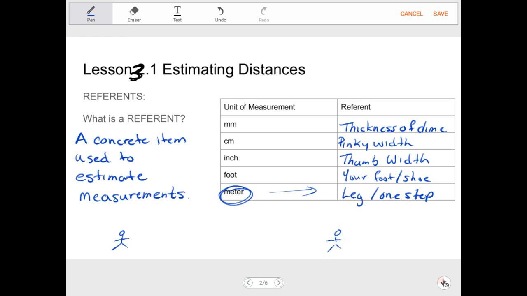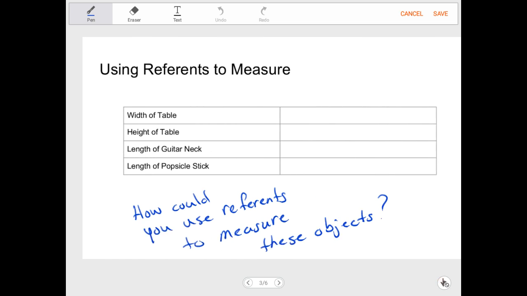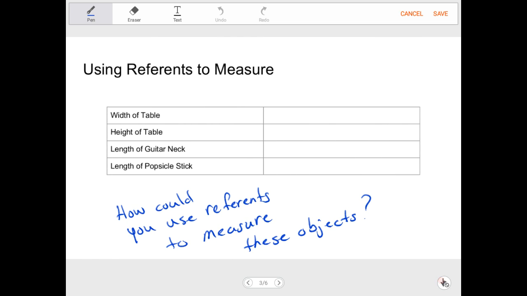And I will give you some practice with this. If you were in my class, we often use referents to estimate the measurement of a table, height of a table, length of a popsicle stick, length of a guitar neck. I suppose the whole thing here is choosing the right type of referent.